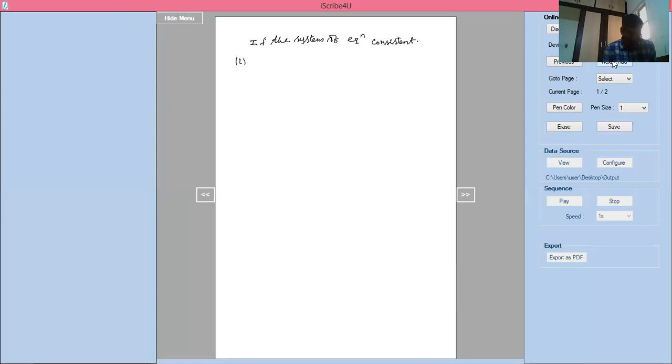If the system of equations is consistent, then the rank of A equals the rank of A is to B.